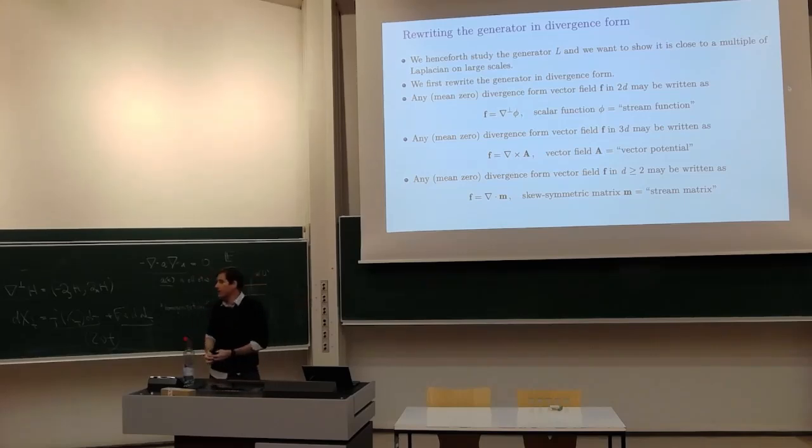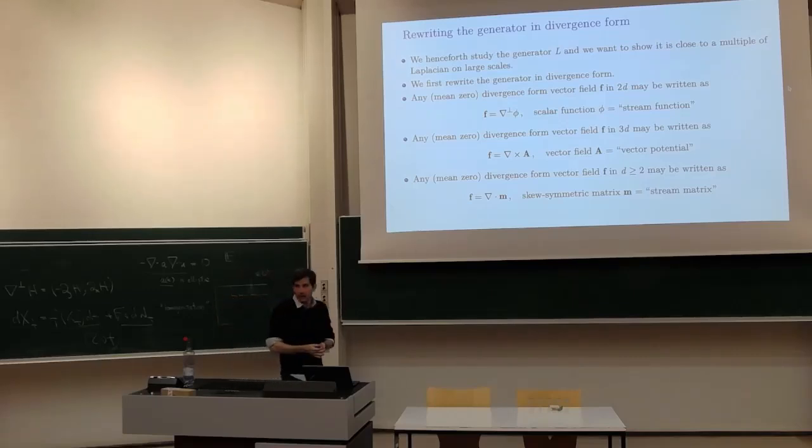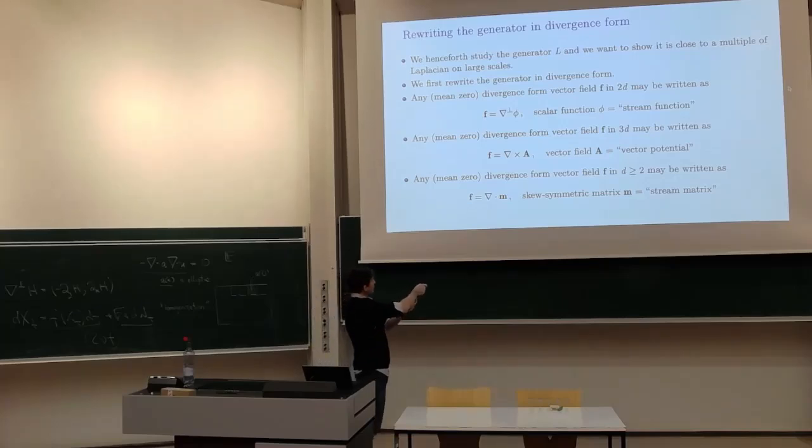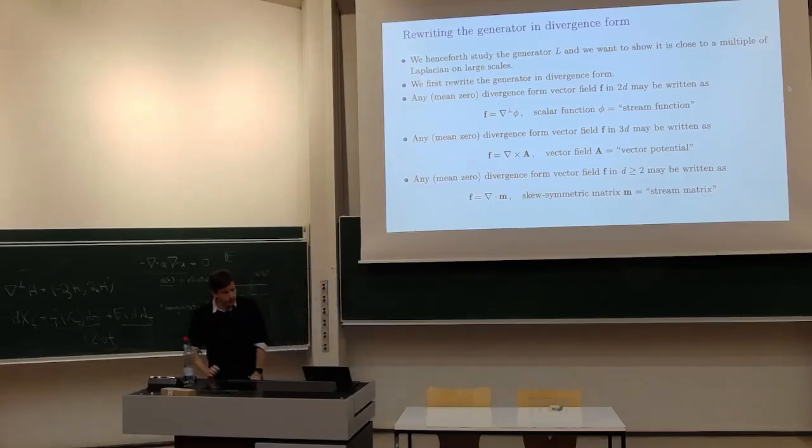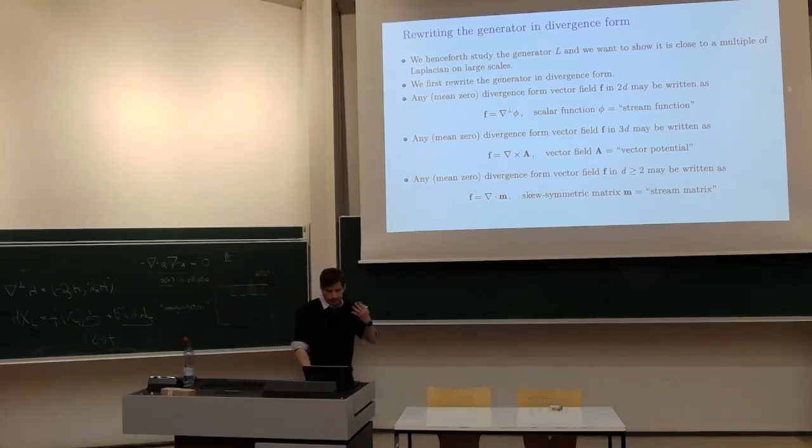So you have a skew-symmetric matrix field, so that if you take the row divergence, a divergence of the rows, and you make a vector field out of that, first of all, it's automatically divergence-free, because if you do a double divergence, it vanishes by skew symmetry. But it turns out that any divergence-free field can be written like this. It's like a potential for that thing.